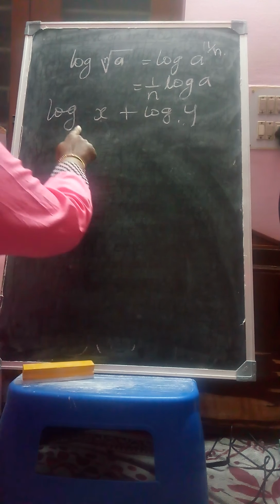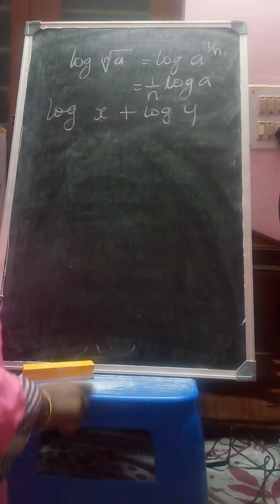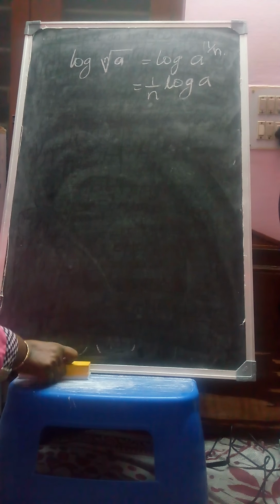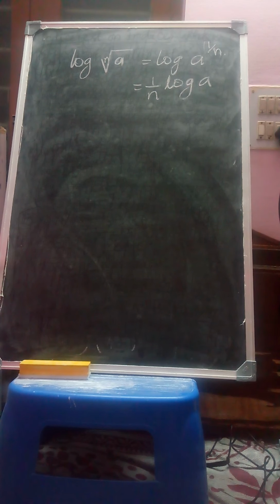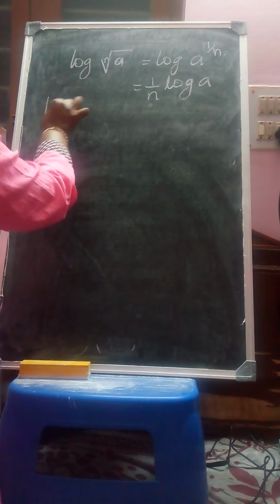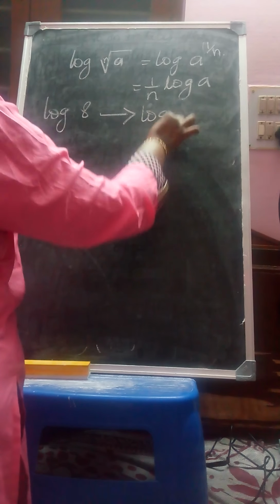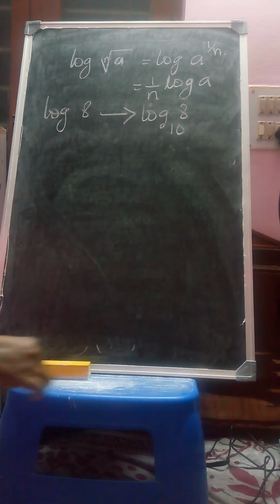If no base is given, we will consider it as 10 and write it down as 10. If they give log 8, this can be written as log 10 8. So the base is 10.